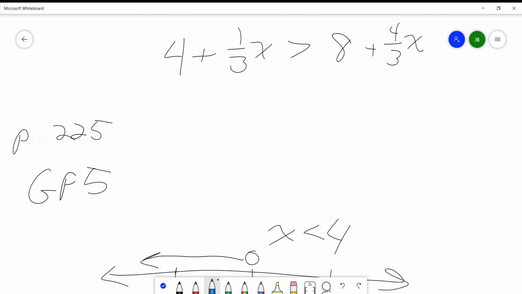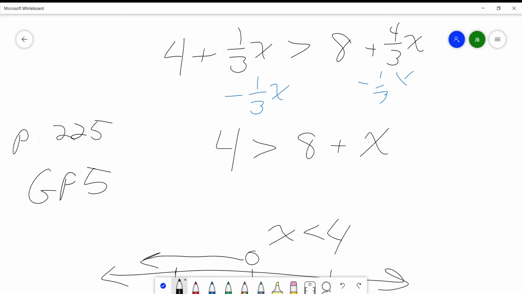Let's subtract 1/3 x from each side first. 1/3 x minus 1/3 x. We're going to get 4 on this side. We're going to say 4 is greater than 8 plus x. You see what happens when I take away 1/3 x from 4/3 x is I get 3/3 x, which is the same as x.